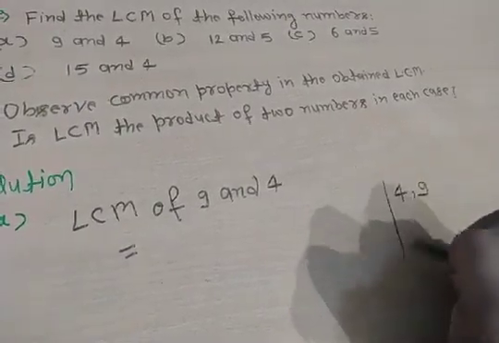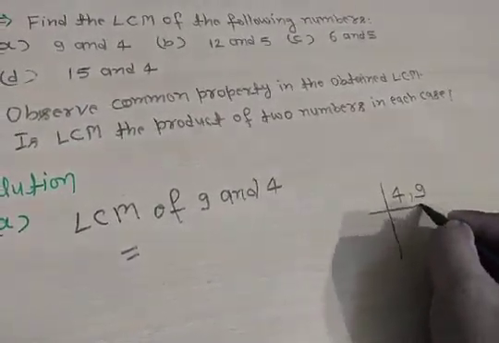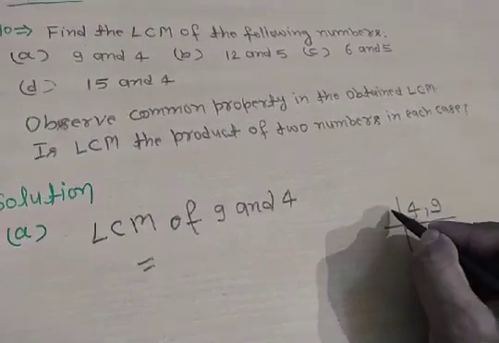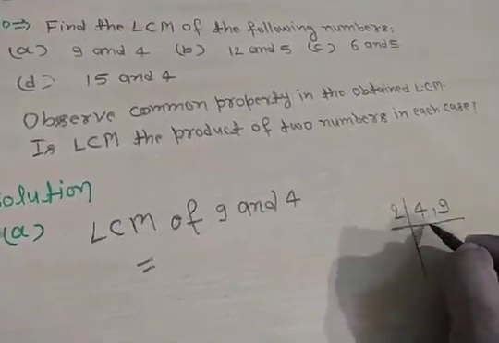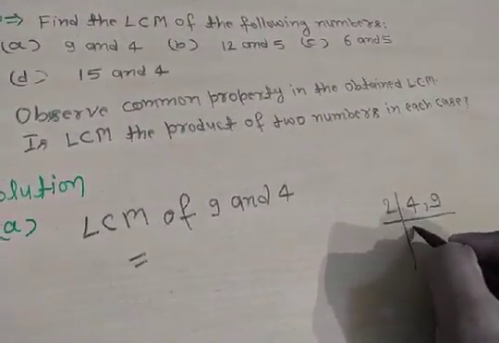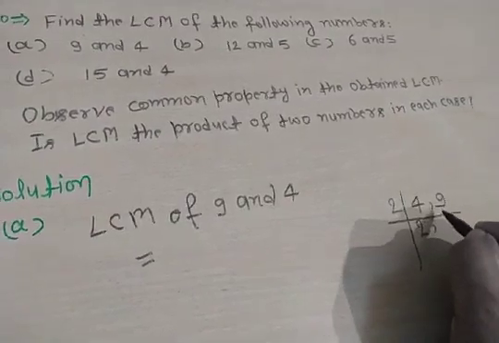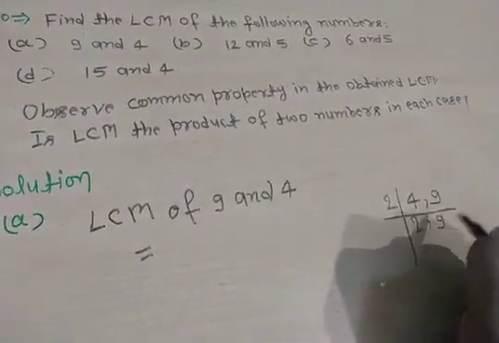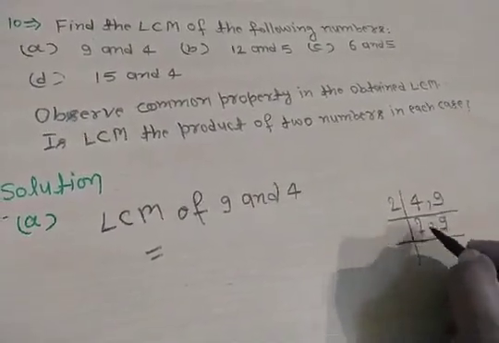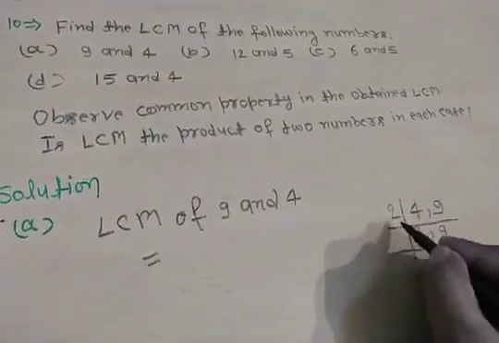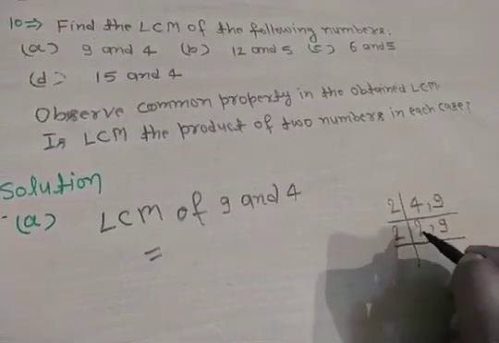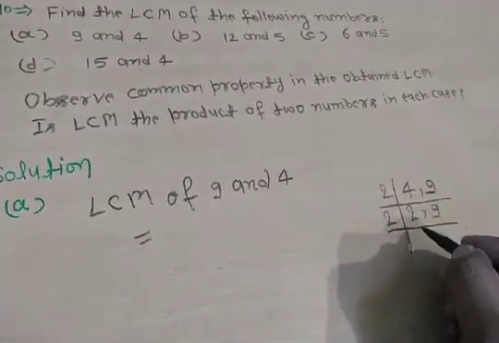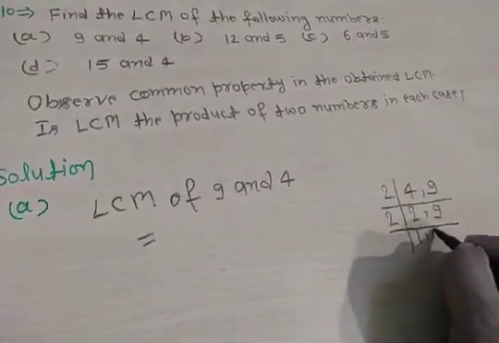First we select the smallest prime number. So 2 is the smallest prime number. 2 twos are 4, and 9 is not divisible by 2, so we write 9 as it is. Now again select the smallest prime number, 2, giving 1, and we write 9.